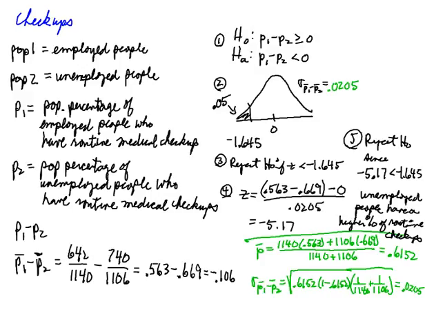So the center of this distribution can't be 0. It's much further to the left. How far to the left I don't know, but there's certainly under probability confidence that the unemployed people do have a higher percentage. So we have a one-tailed, lower-tailed hypothesis test proving that.